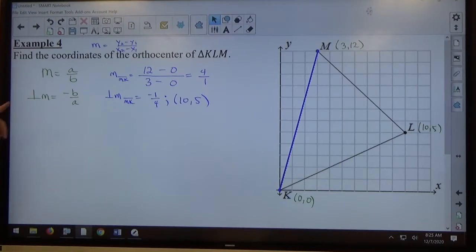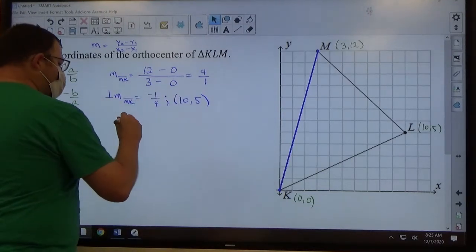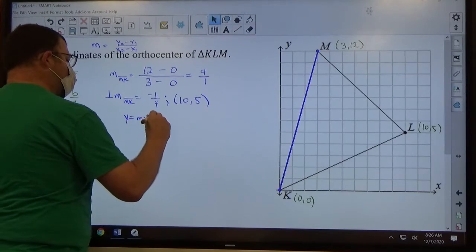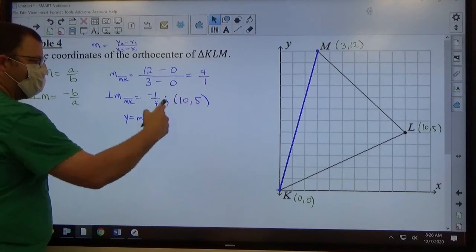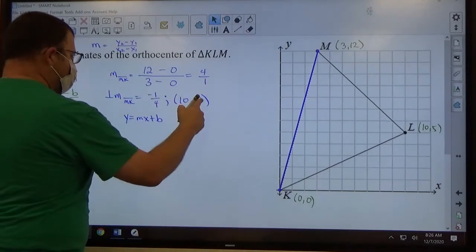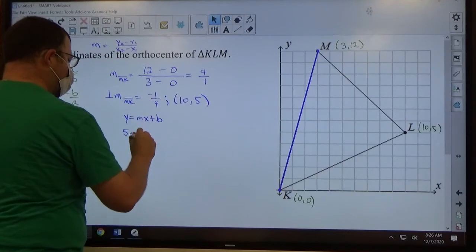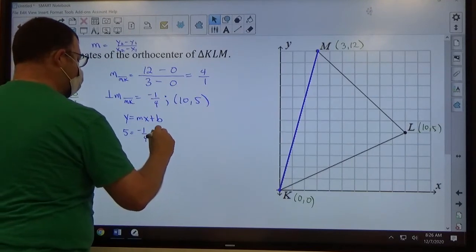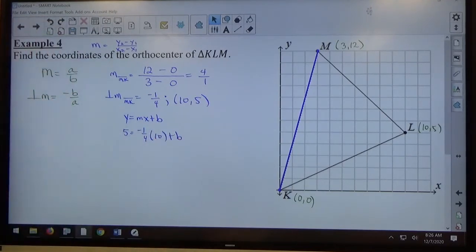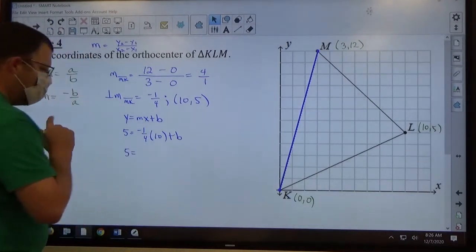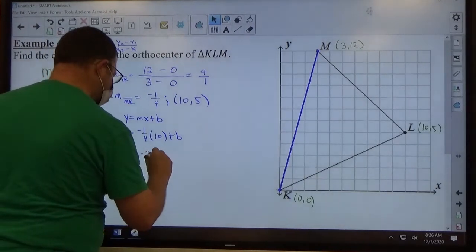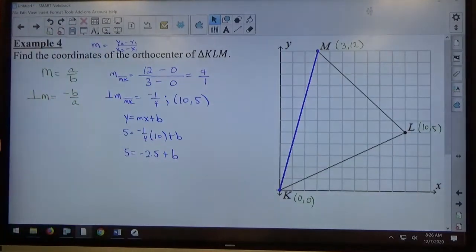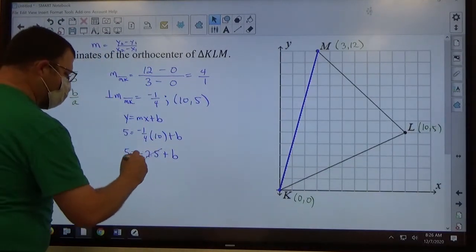Once you know a slope and a point, you go to y equals mx plus b, and you substitute the m, the x, and the y to figure out what b equals. So y is 5, m is negative 1/4, x is 10, and b is what we're looking for. Negative 1/4 times 10 is negative 2.5. If I move the negative 2.5 to the left, it becomes positive 2.5.